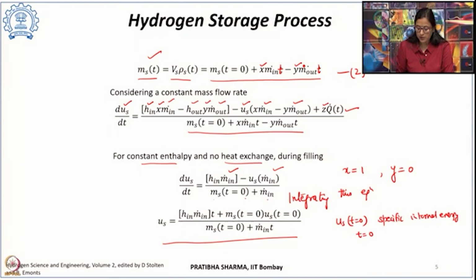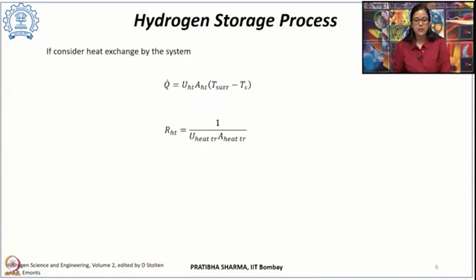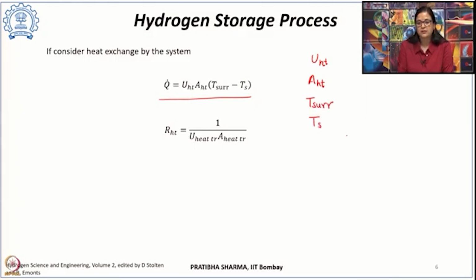Now while considering this equation, we have assumed that there is no heat exchange in solving it. We can also consider that the system exchanges heat with the surroundings. So if this term is non-zero, in that case we can also find out the heat exchanged by the system, which is q dot, and that is given by U_ht, the overall heat transfer coefficient, times A, the area for heat exchange, times the difference between T, the surrounding temperature, and the storage system temperature.